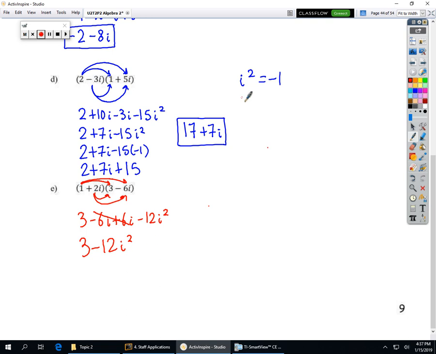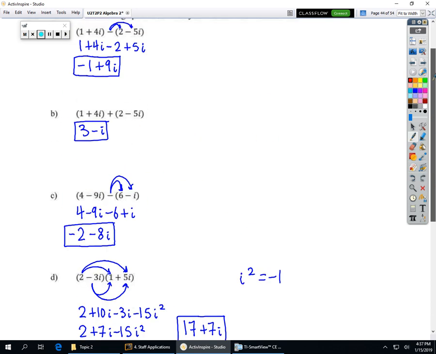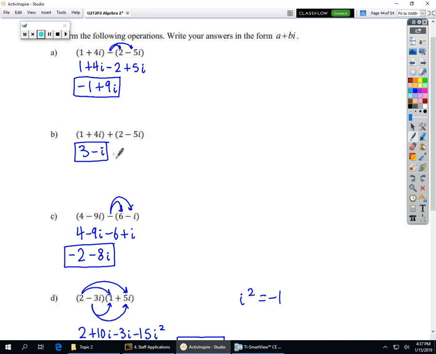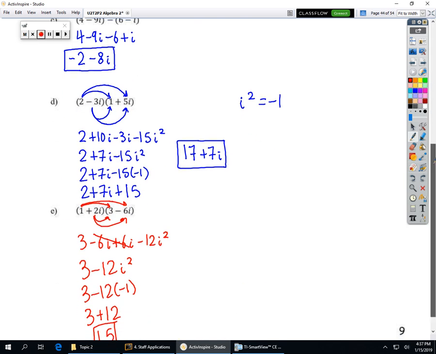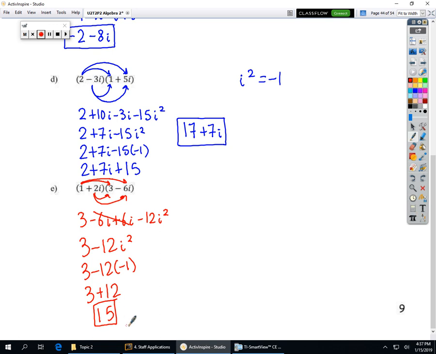Remember, i squared is negative 1. So that should be 3 minus 12 times negative 1. So these multiply to become positive 12. 3 plus 12 is 15. Oh, fun. So all of these answers ended up being complex, complex, complex, complex. However, this one, that's a real number. Real because there's no i involved.